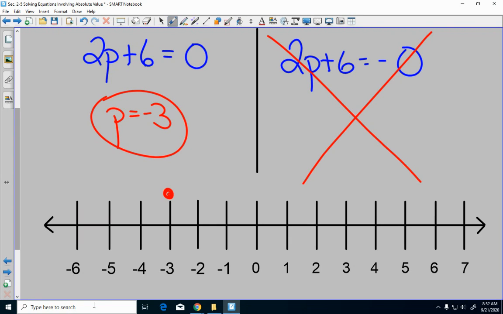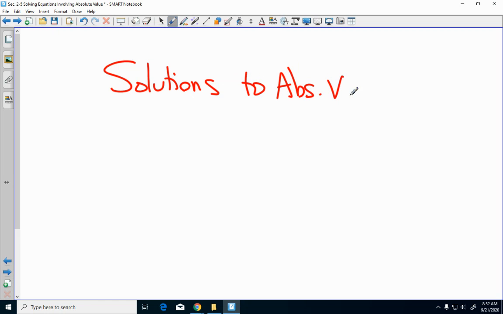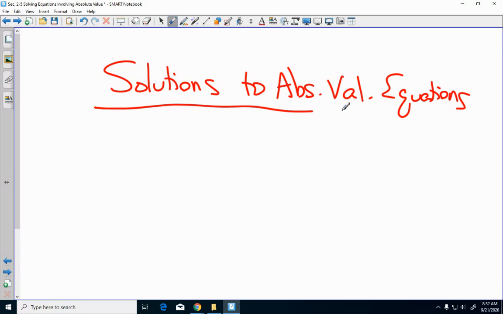Now we have one thing left to look at, but before we do that, I want you to put this in your notes. Solutions to absolute value equations. How many scenarios are there to an absolute value equation?